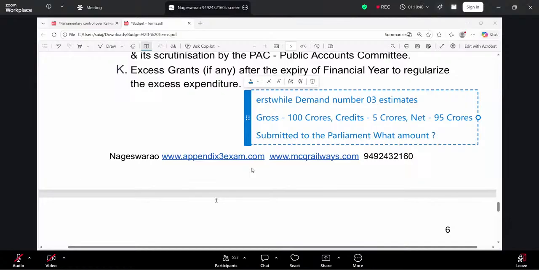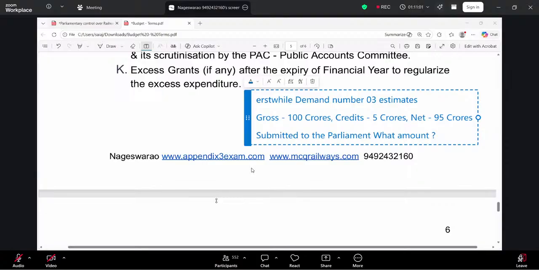No, Shashank, please revise your answer. Please, very simple. Should we ask 100 crores? Should we ask 5 crores? Or should we ask 95 crores to parliament? SSC works.